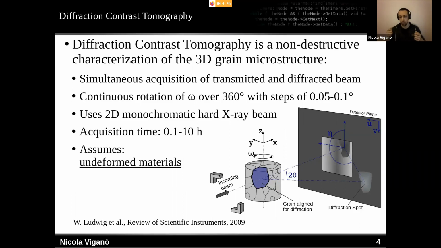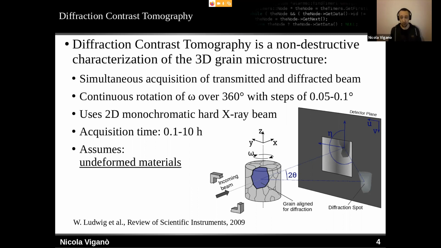It allows us to acquire both the transmitted beam and the diffracted beam. It takes thousands of images over 360 degrees, and it uses hard X-ray box beam illumination. The figure I have here for the acquisition times is pretty outdated.